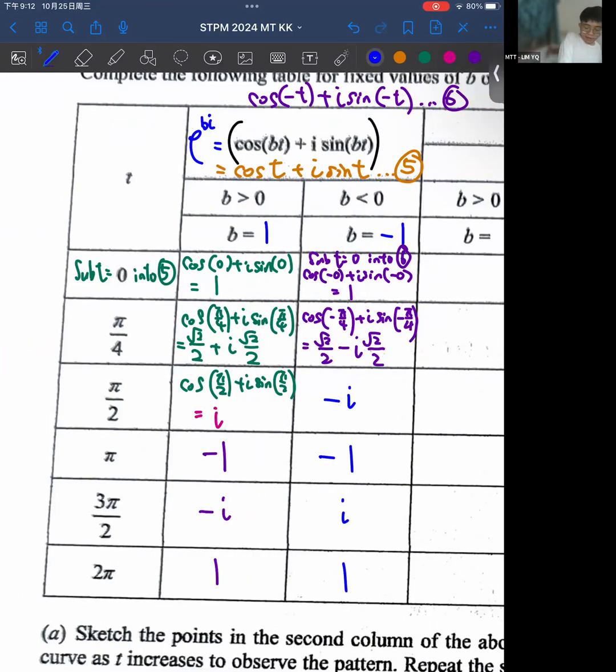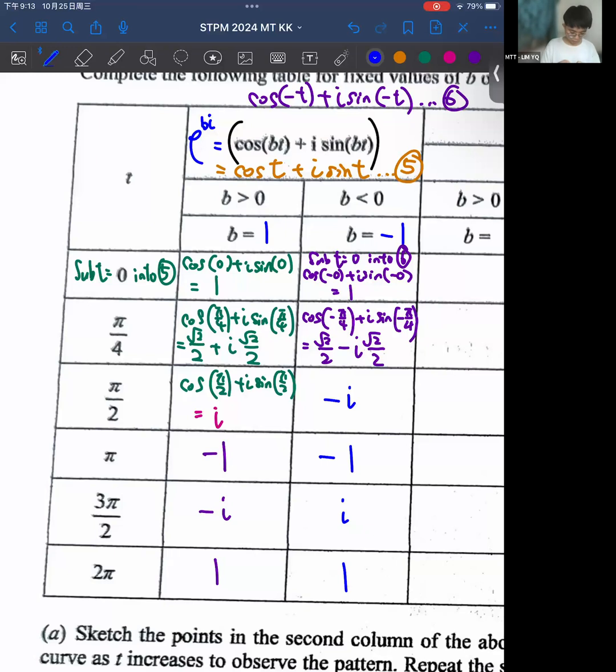Remember how to do it? I told you, if you want to use your calculator, so can just how? Let me zoom. If I want to use my calculator, meaning that, hold on, wait, one minute.